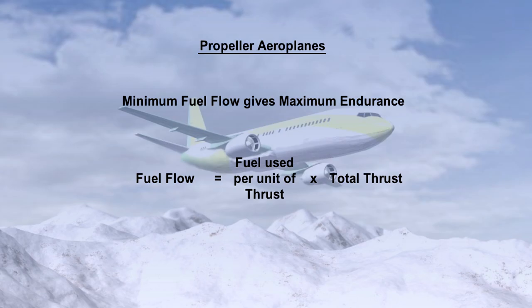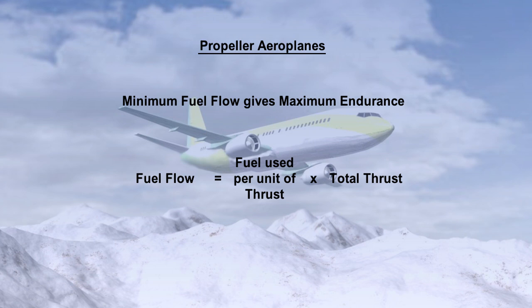The situation with endurance and fuel flow for a propeller airplane is very similar to that for the jet airplane. There is just one small difference in the formula we use. Turboprop and piston engines first convert chemical energy in the fuel into power output on a shaft. The propeller then converts that power into thrust.